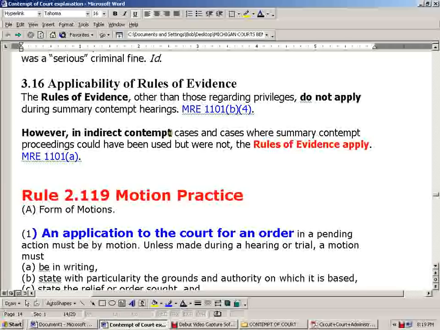And the rules of evidence apply. So we'd have to pay attention to rules of evidence. And one of the rules of evidence is to make your evidence foolproof, like if you do an affidavit or an acknowledgement, and I think this is Rule 902 in the federal rules of evidence.